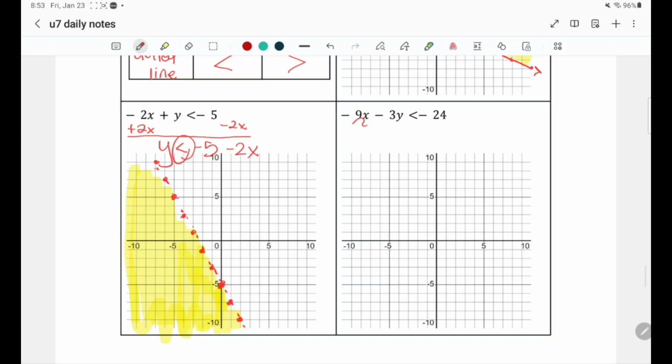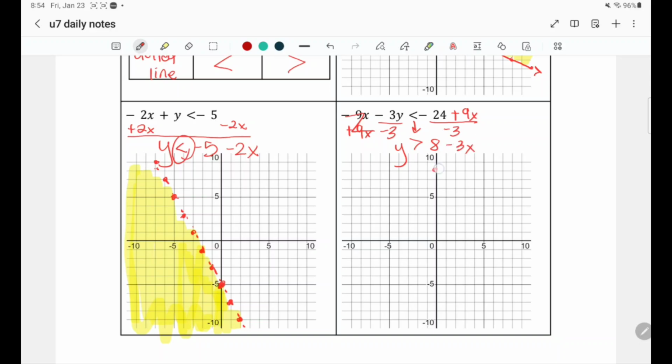Okay, last one. Move the x term over. Remember, I'm doing this because I'm solving for y, the way that we would solve for anything. I'm moving everything away from the y. Now I'm dividing by a negative. So I gotta flip the sign. And then I simplify. -24 over -3 is +8. 9 over -3 is -3.